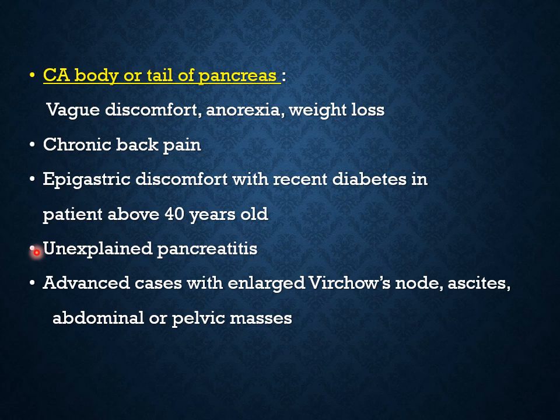Unexplained pancreatitis: the patient develops pancreatitis, there's no gallstone, there's no alcoholic intake, and there are no predisposing factors, then you have to think of carcinoma of the body or tail of the pancreas. Advanced cases present with enlarged lymph nodes, ascites, abdominal and pelvic metastases. That means there is evidence of metastasis, but the primary is unable to be detected on clinical grounds.